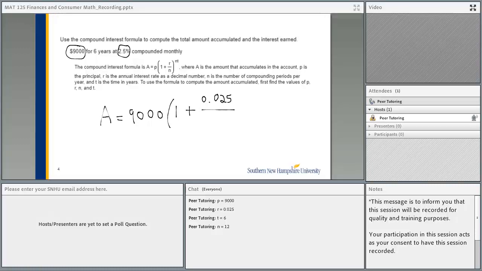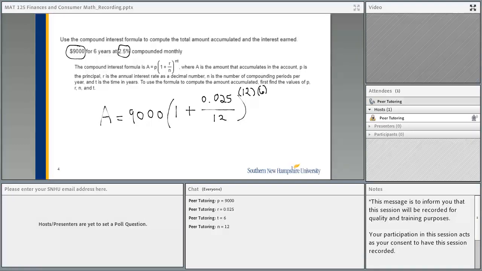We're just replacing those variables with what we were given in the original problem. Then our N is going to be equal to 12. All of this is raised to the N times T power. So our N is 12, and our T is going to be 6.